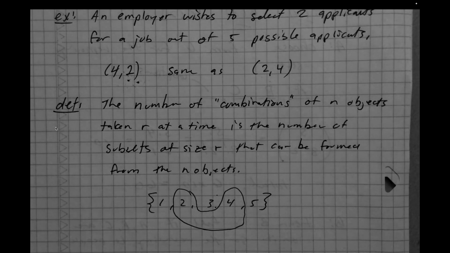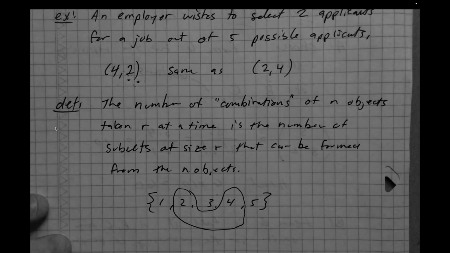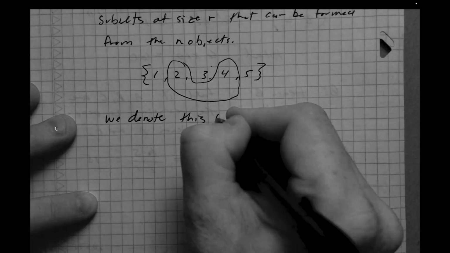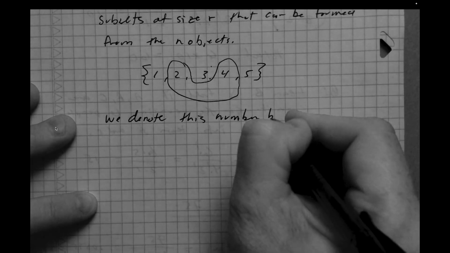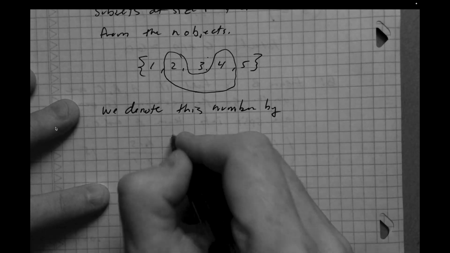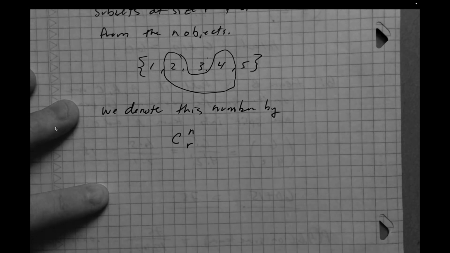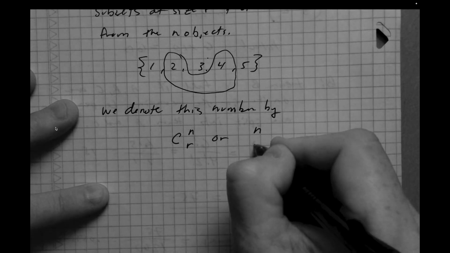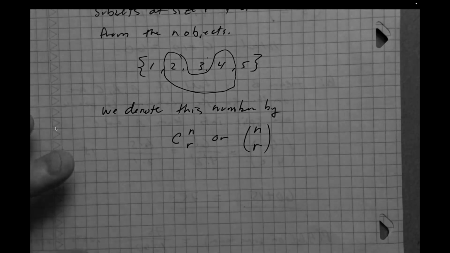We denote this number in 2 ways. There's C(n, r) like this, or you can denote it like this, with n over r in parentheses.